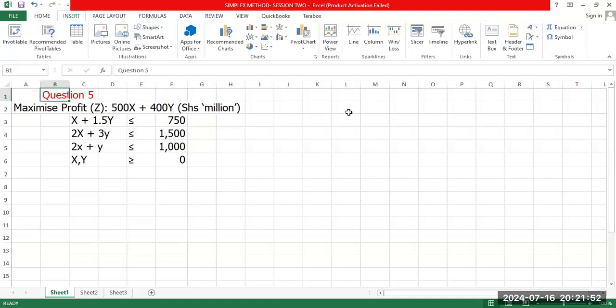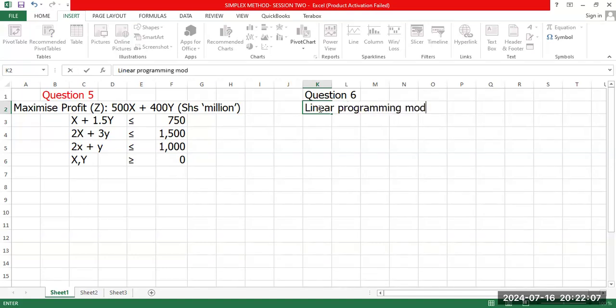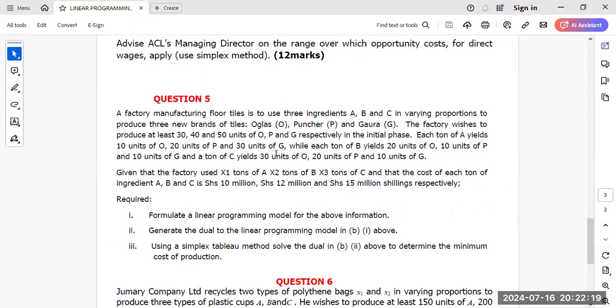I'm just drafting again. Then for question 6, we also need to come up with a linear programming model. And we need to interpret our question 6.